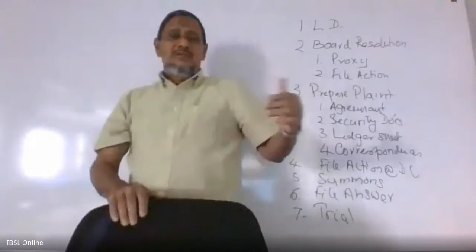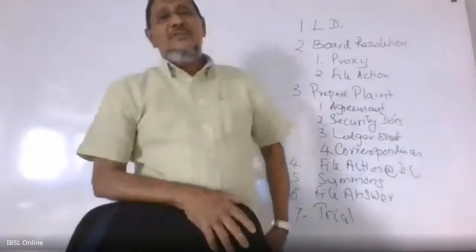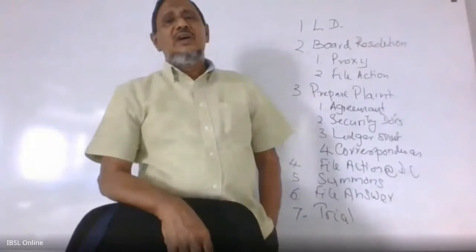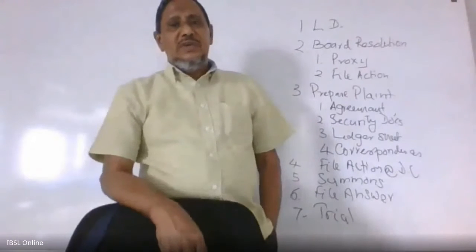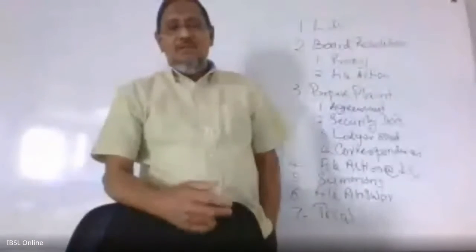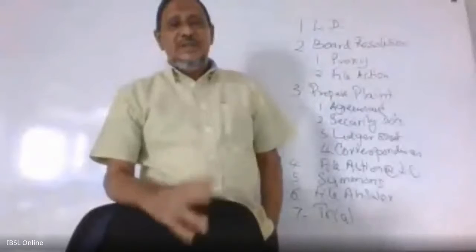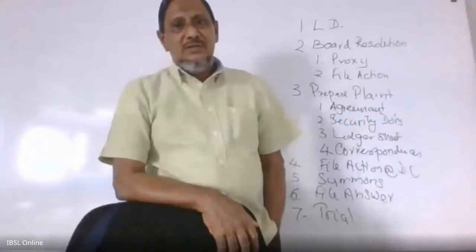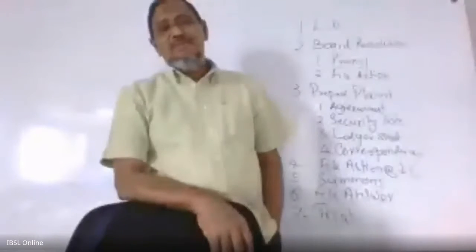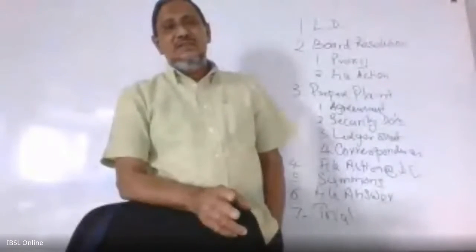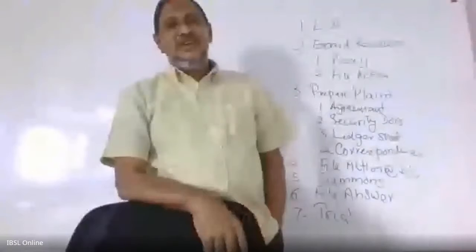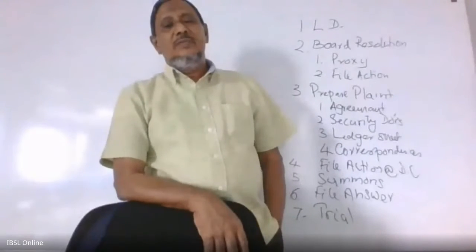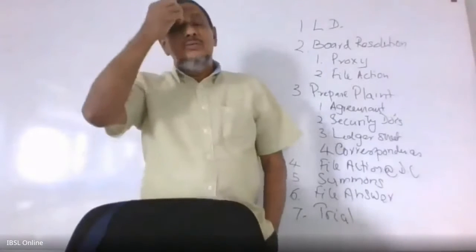That's called the final summary. After going through that, if he finds the case proved, the judge gives the judgment in our favor, or he may dismiss the case. The defendant is also given a chance. Once that is done, it is final. You can go to the high courts later on.